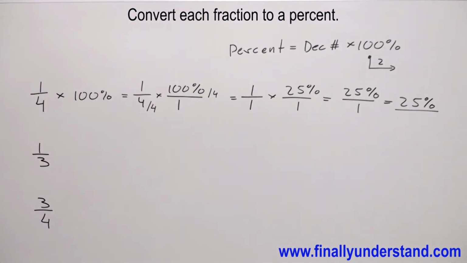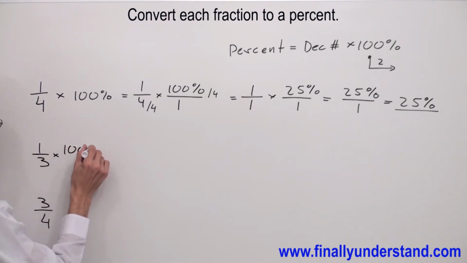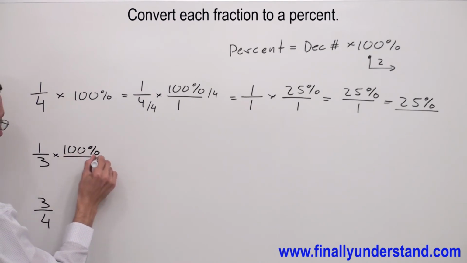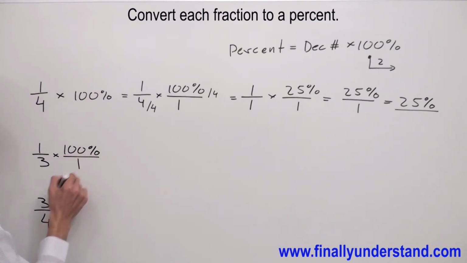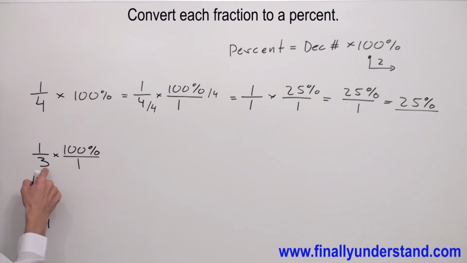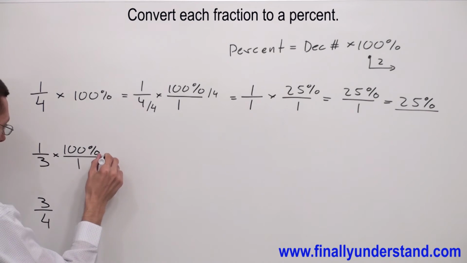Let's check another one. Again, I have to convert fraction to percents. I'm going to multiply this by 100%. Remember, we have to convert the whole number to fraction. Okay? Check if we can reduce any denominator with any numerator. Basically, we cannot do any reduction.